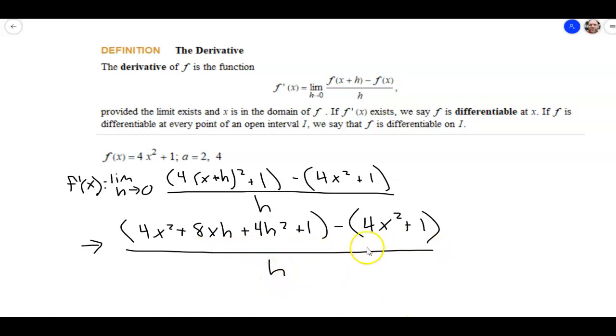And really, I'm going to go ahead and take these out and distribute that negative sign there, so that will end up being a minus 1 there.